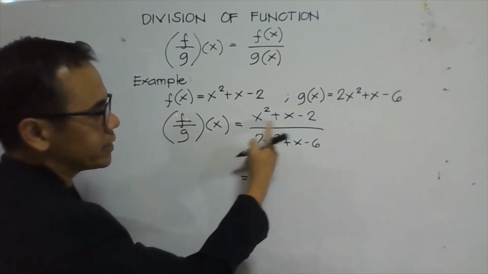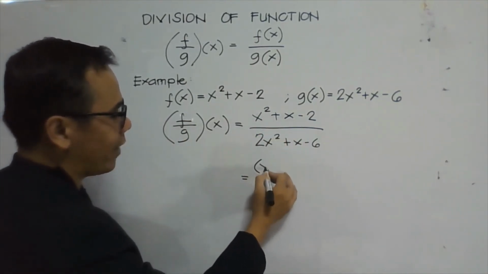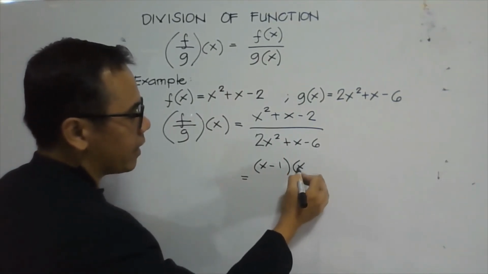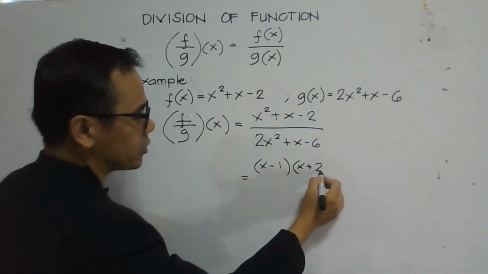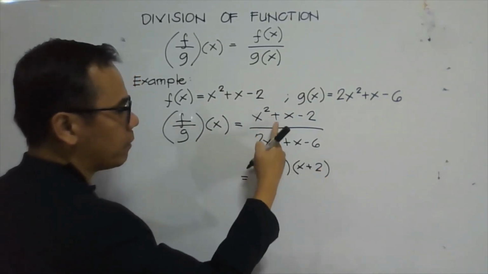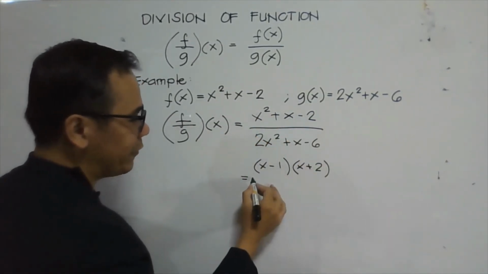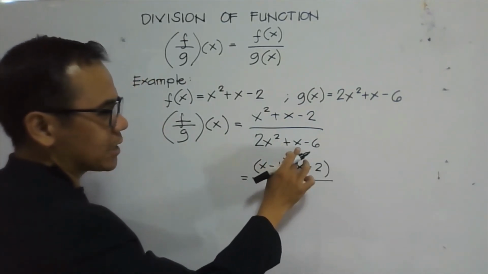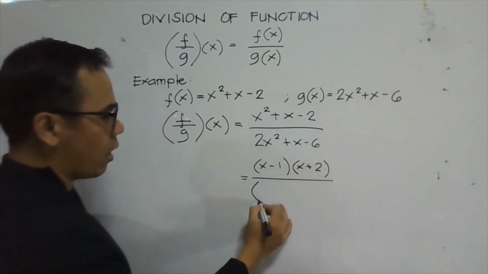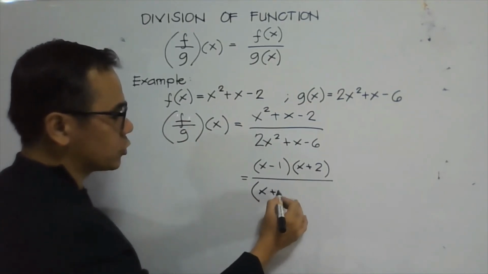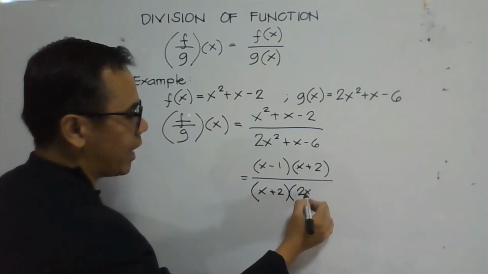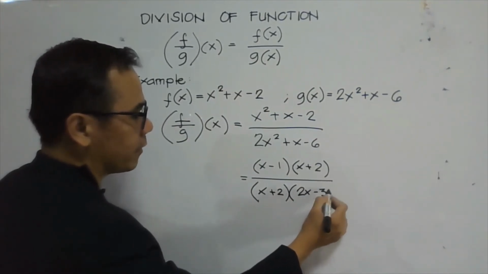So to factor this out, we have x minus 1 multiplied by x plus 2. So these are the factors of x squared plus x minus 2, divided by the factors of 2x squared plus x minus 6, which is x plus 2 multiplied by 2x minus 3.